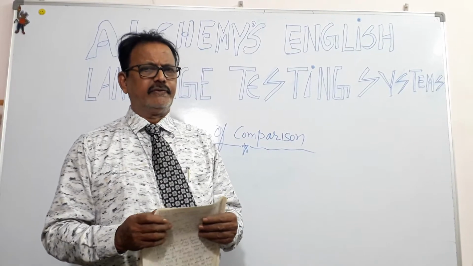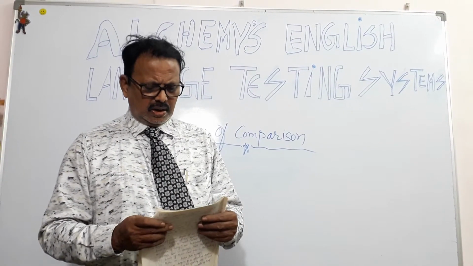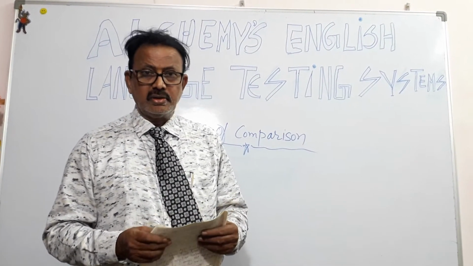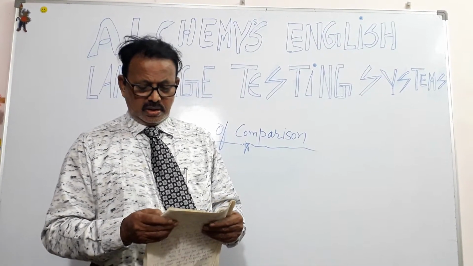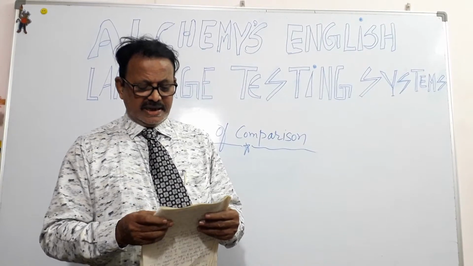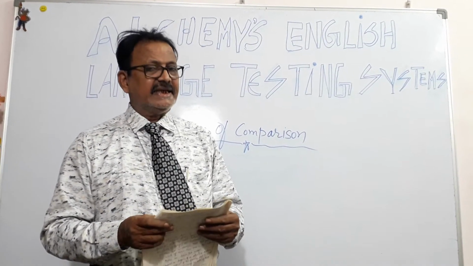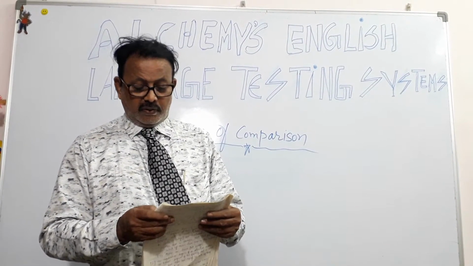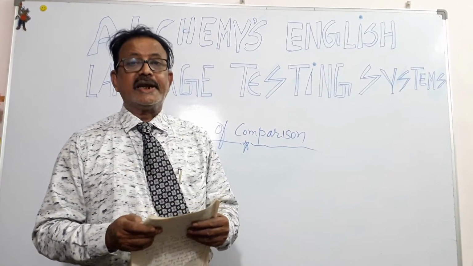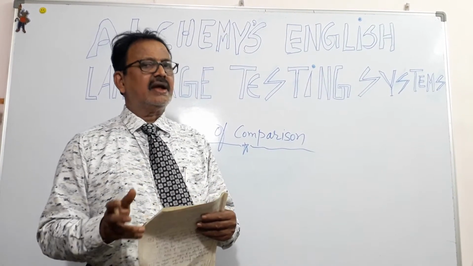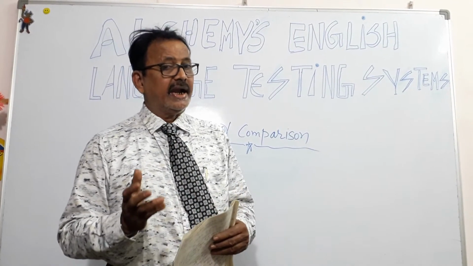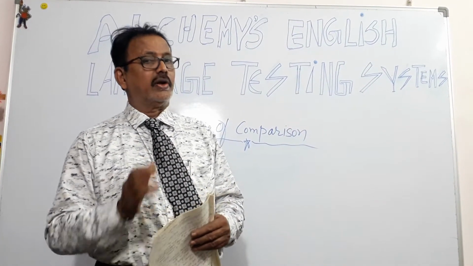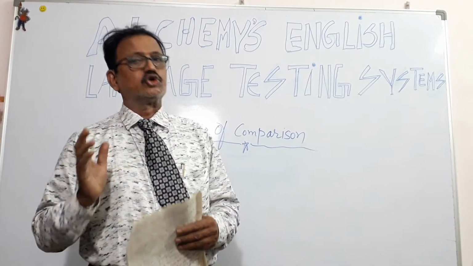For a comparative we add ER, or by placing more in front of the adjective, and est for formation of superlative. Er and est, or we use more and most to form comparative and superlative.